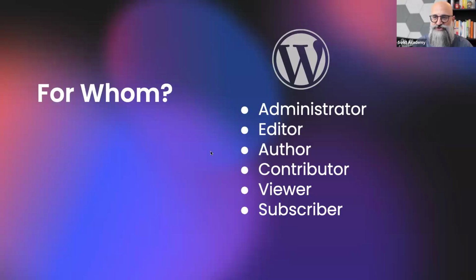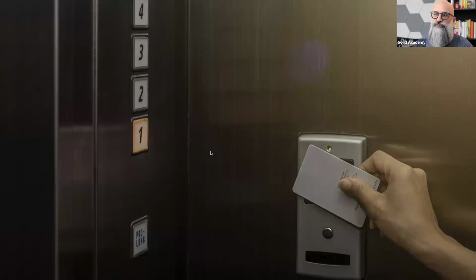And so the answer to the question, for whom do we want this to apply, is the way I think about this is a little bit like, if you think about access control in an office building, where maybe you had to pass through and swipe your badge just to get in the building, just to go through a turnstile or security or whatever. But then you get in the elevator and there's another one of these. Have you ever seen this before?